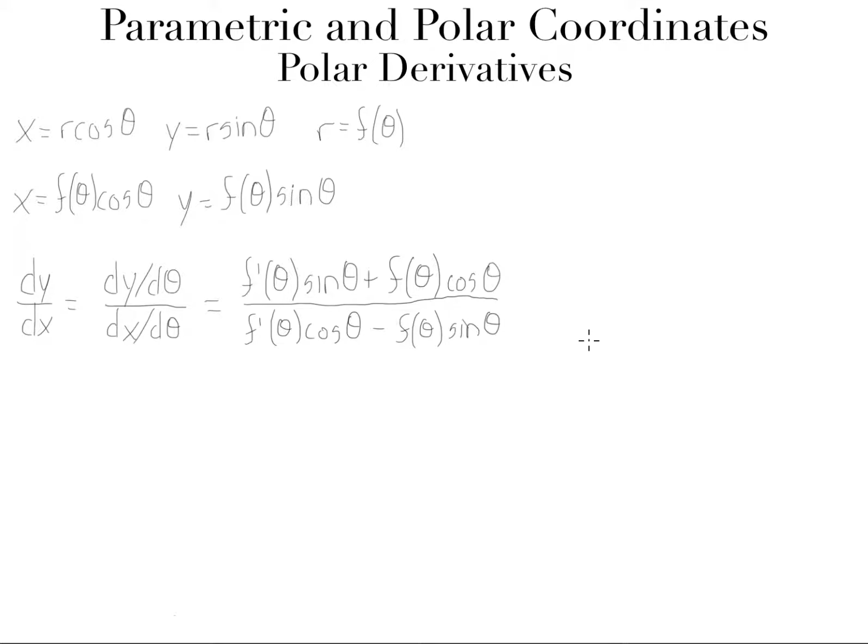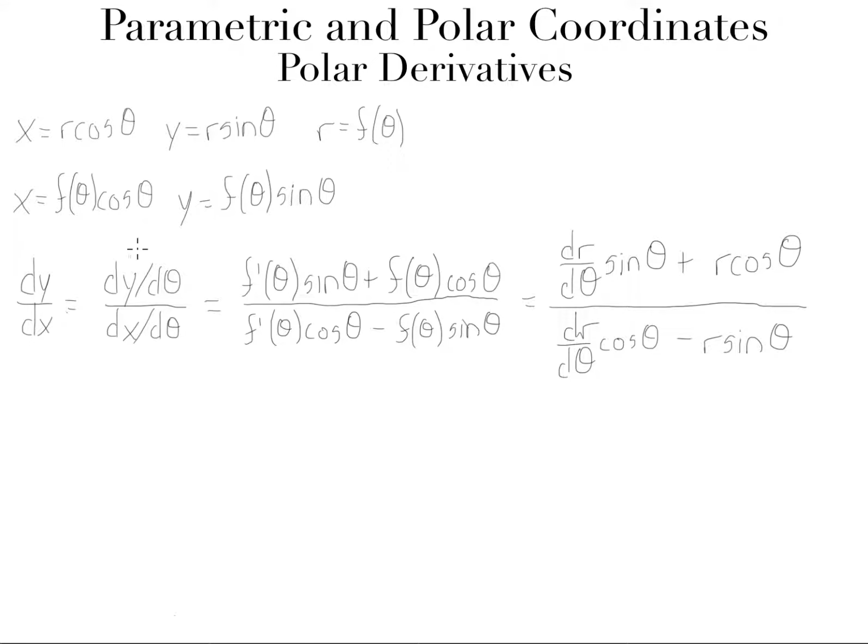And as we had for parametric coordinates, you should note that the derivative is only defined if this denominator does not equal 0. So here, if we just want to write this in terms of r, this is equal to dr/d theta times sine theta plus r cosine theta over dr/d theta times cosine theta minus r sine theta.